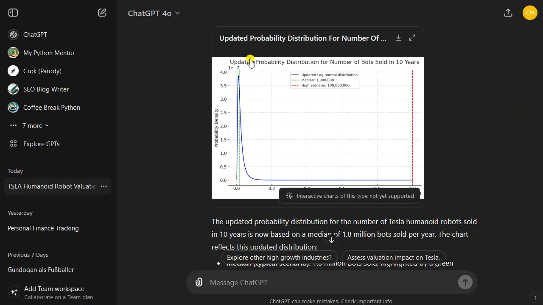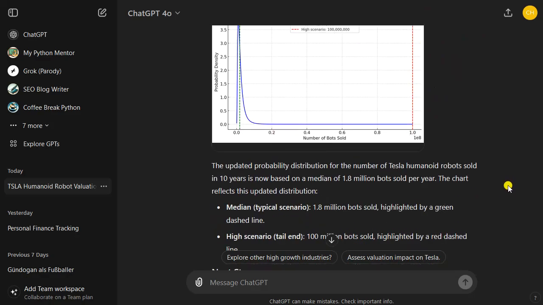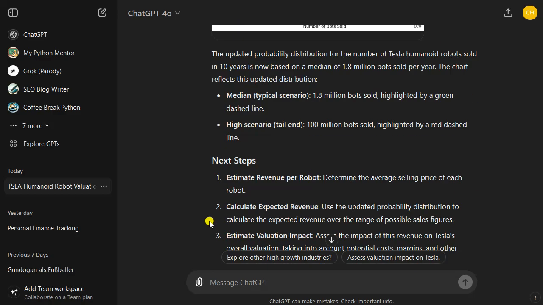Then this probability distribution gets updated, shifted to the right, and the higher outcome scenarios become more likely, which means the expected value of the whole distribution also shifts to the right, to the top right of this chart. So we will see higher and higher valuations as reality unfolds and we solve more and more of those use cases. This is a great situation to be in, in my opinion.